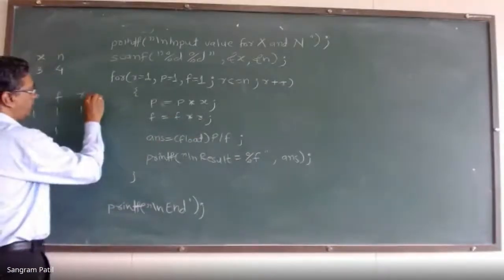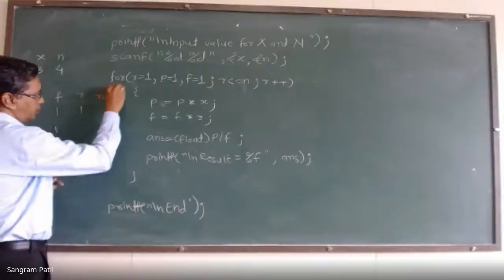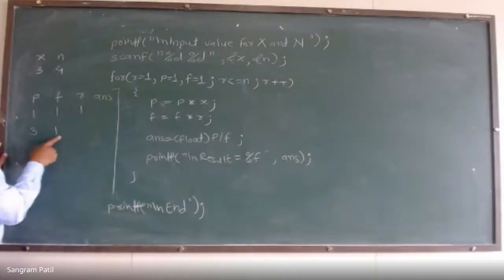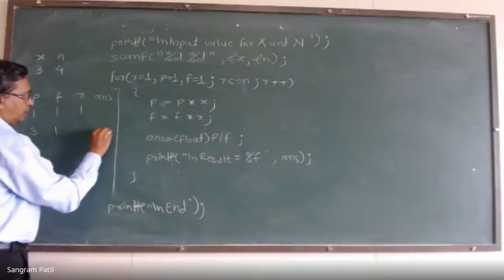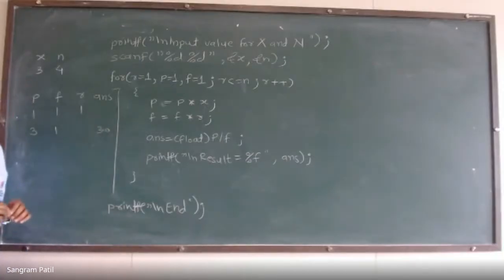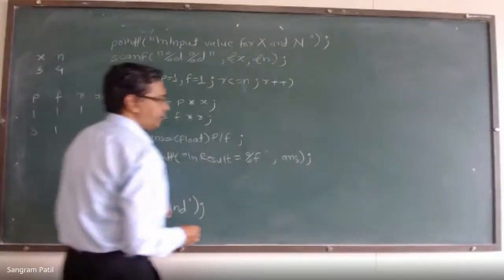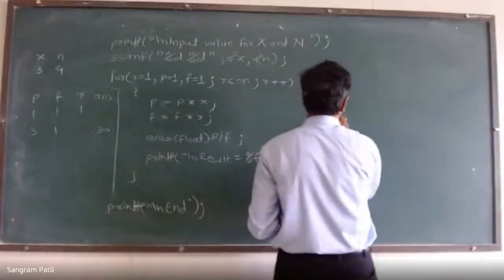Answer equal to, now every time we will get answer. Answer equal to P by F, float. So 3.0 divided by 1 is 3.0. Print result equal to, so this gives you result equal to 3.0.